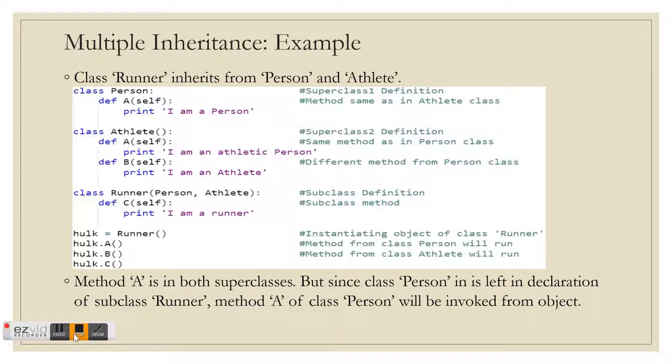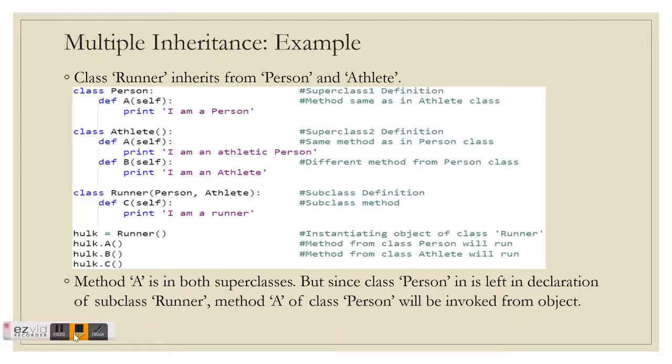Runner doesn't have it, but since it is inherited from two superclasses, person is the leftmost, so person will be searched. Yes, person has it. Then that particular method will be invoked. So it doesn't matter whether athlete has that method or not. If person has it and it's in the leftmost place, the method in the definition of the person class will be invoked.